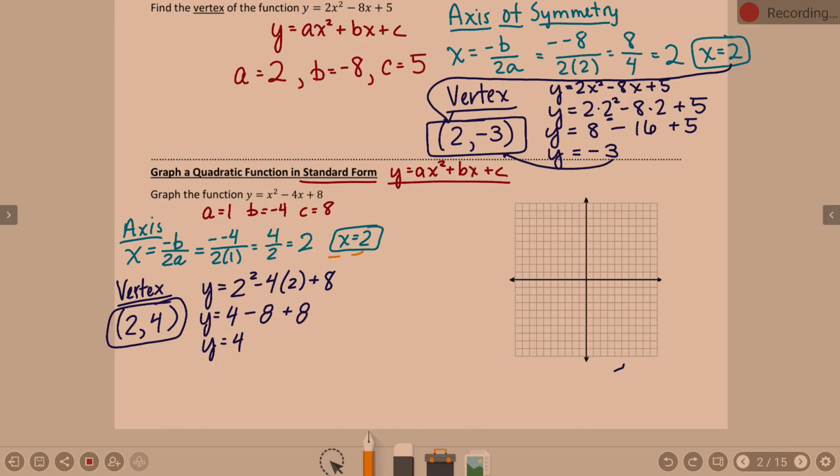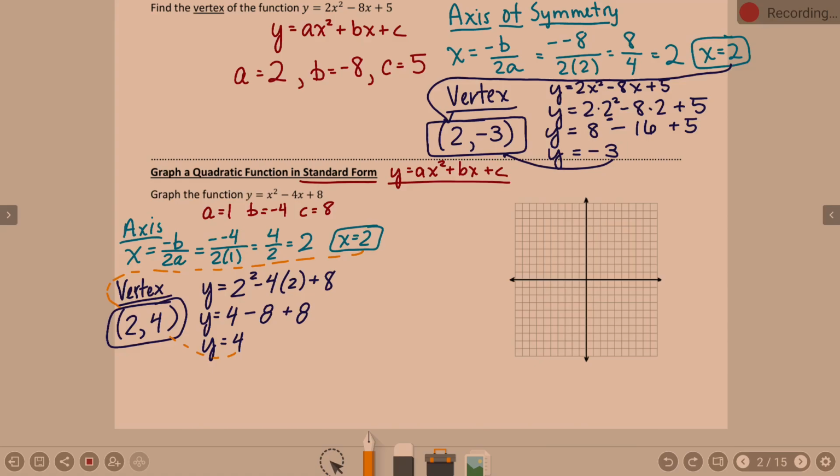Do I need to? Should be getting to be same old by now, right? Now, before I graph this, you're going to need at least one more point. Okay, I don't just want a vertex, and then you just like, oh, it's a U, and just draw your random U. We need at least one more set of points to go through.